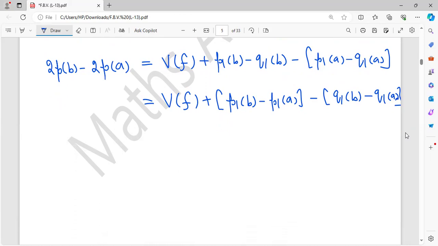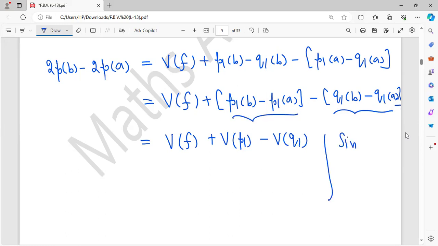P1 is a monotonically increasing function. When you have a monotonically increasing function, this is the variation of P1, and this is the variation of Q1.